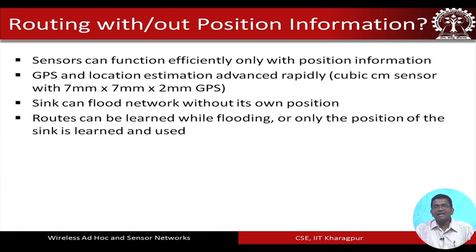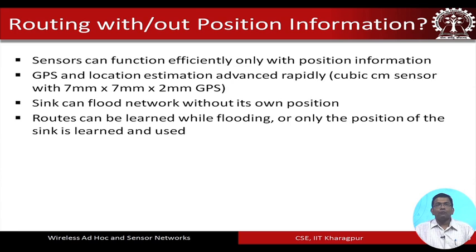You can get the exact geographic location of the deployment of each of these nodes, and that will help the sensor nodes determine their respective positions. That information can be used by the different routing protocols for transmitting the packet from the source node to the destination node.